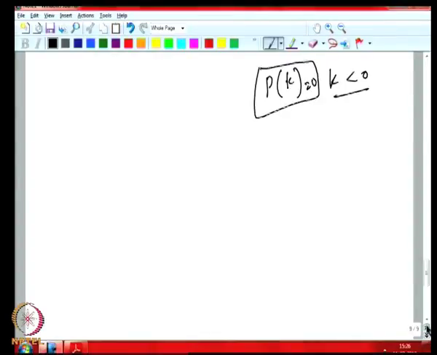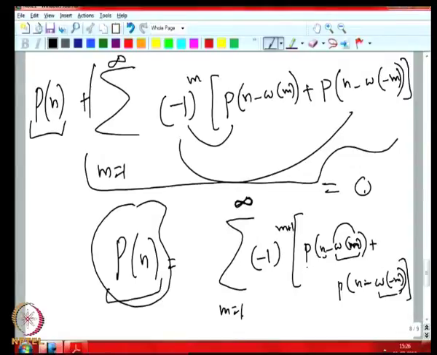So, therefore, these terms will not have any contribution after some time. It will contribute only as long as omega of m and omega of minus m both remain less than or equal to n, right. After that it will not contribute. So, therefore, it is a finite sum.